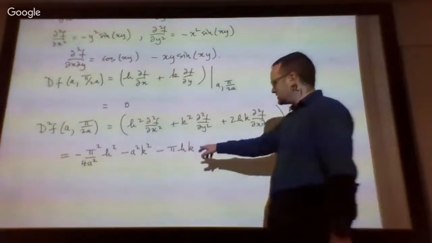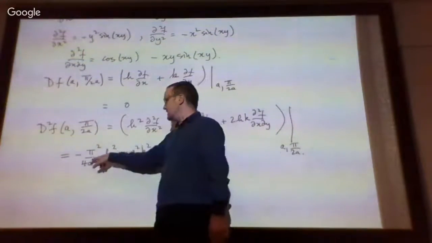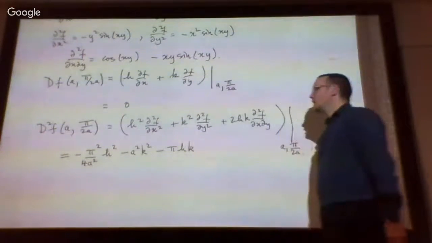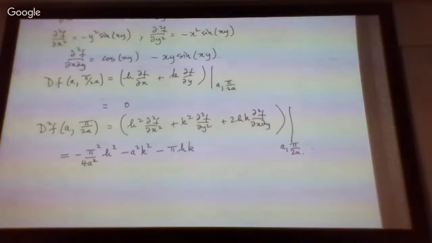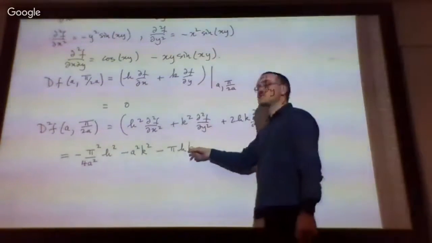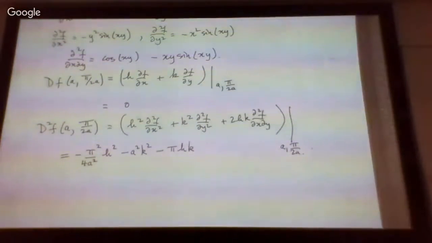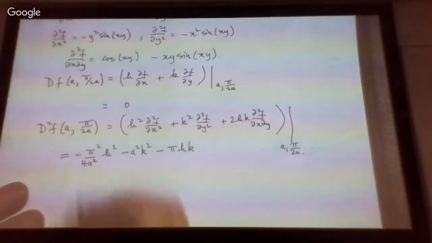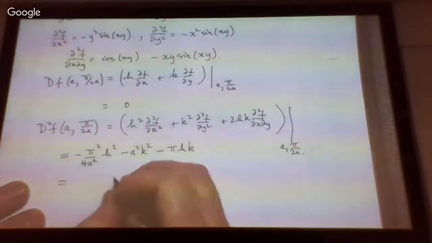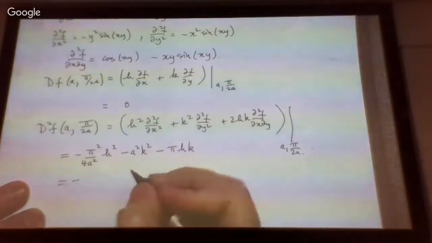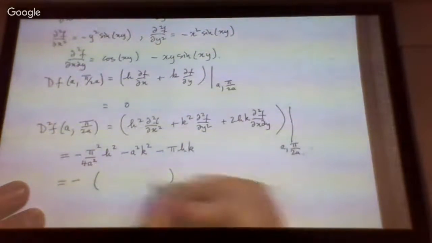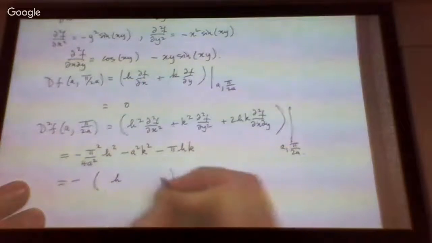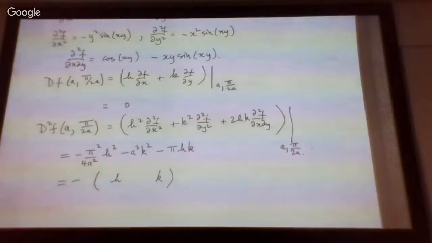But now there's quite a lot of similarity here between the coefficients. So we might hope there to be a nice factorization there, and indeed there is. When you've got h squared, k squared, and h times k, maybe you can factorize it as the square of a linear term. Well, they're all negative, so if I put a negative out the front, what do you have to have?